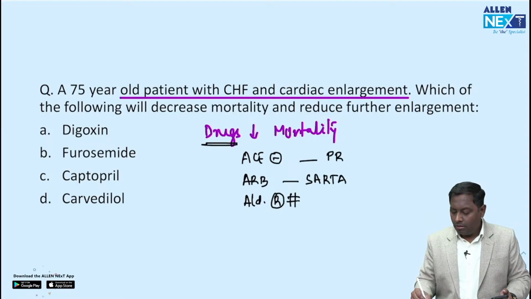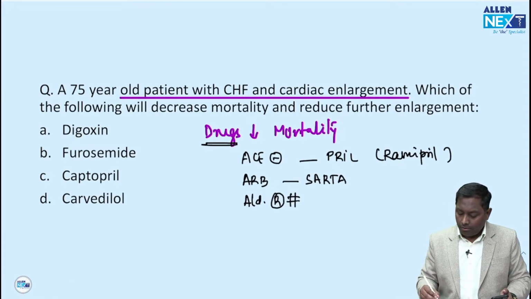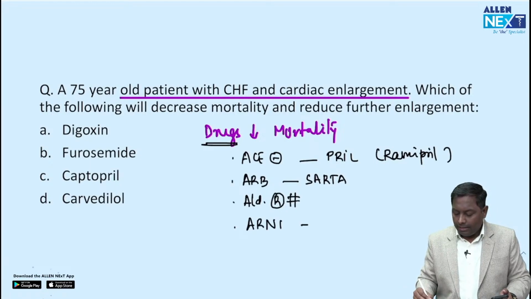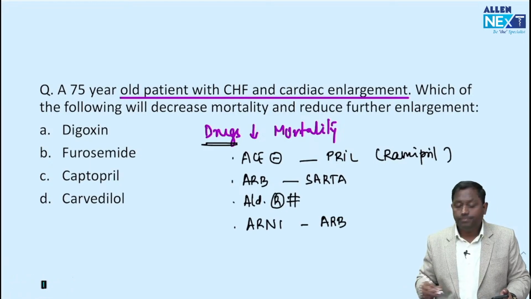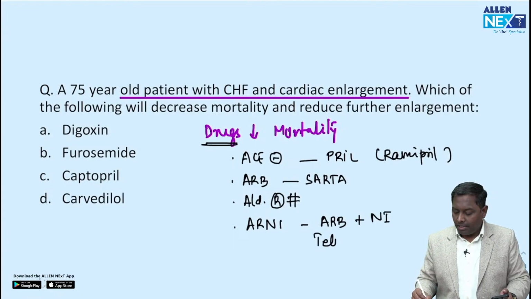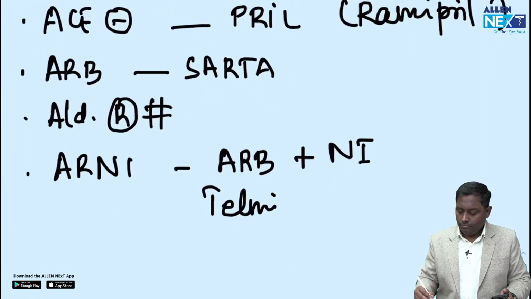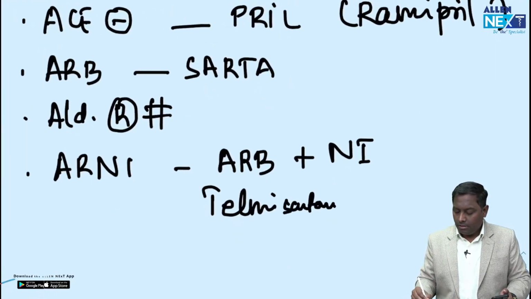All the prils like ramipril, lisinopril. Then we also have ARNI. ARNI is a combination of ARB, telmisartan, plus a neprilysin inhibitor, that is sacubitril.